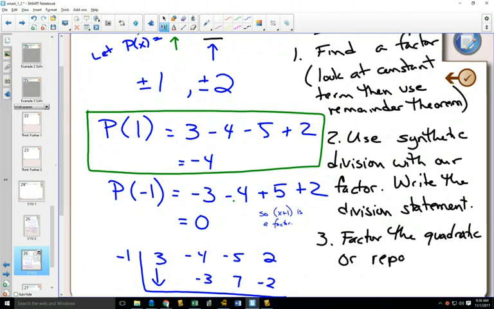In which case you'd have to repeat steps 1 and 2 again until you get to a quadratic which you can factor. So we will do some that start with an x to the 4. You find a factor, use synthetic division, you get an x to the 3. Then you have to repeat this process again with that x to the 3. So we'll do some practice with these later this morning as well.